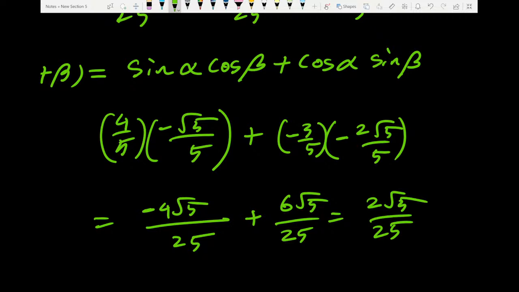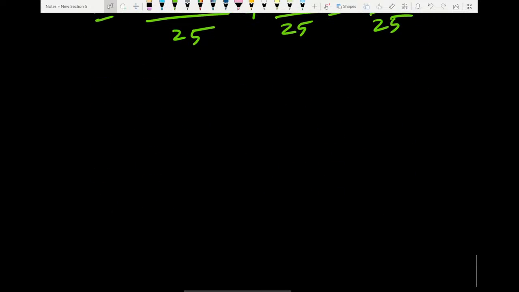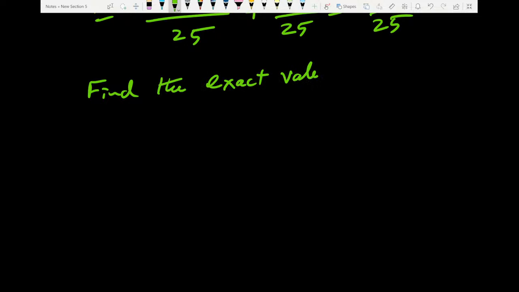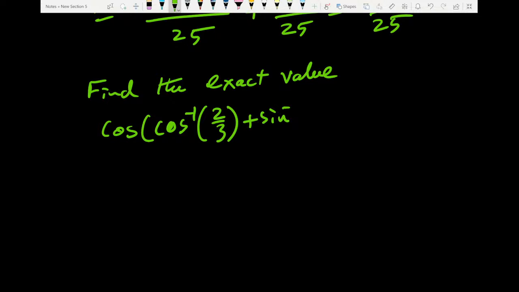Now, what if I give you a question like this? Find the exact value of cosine of cosine inverse of 2/3 plus sine inverse of -3/4.